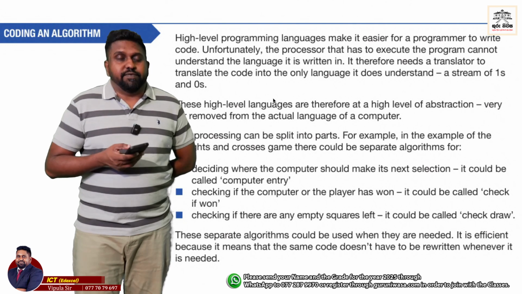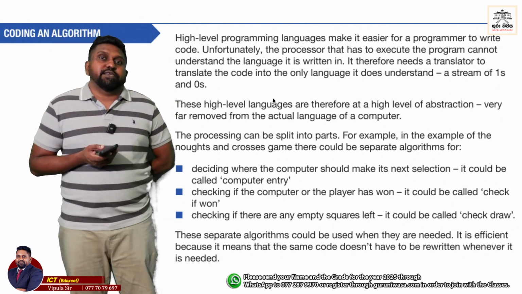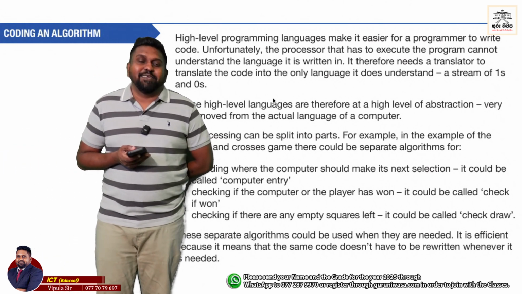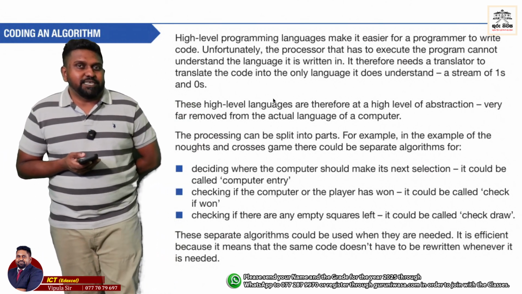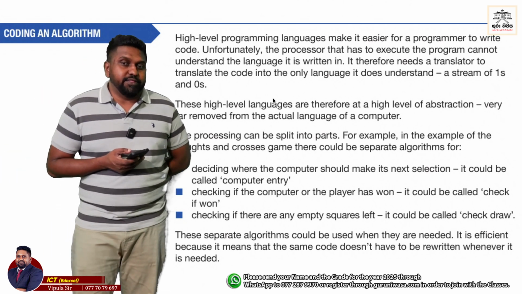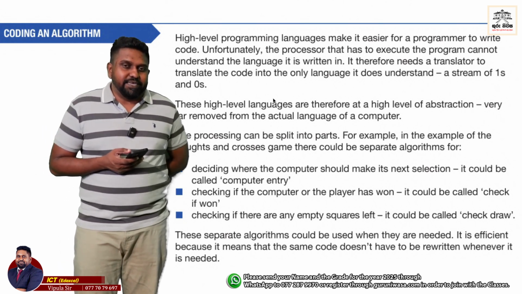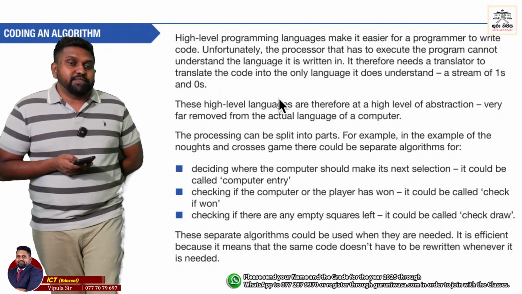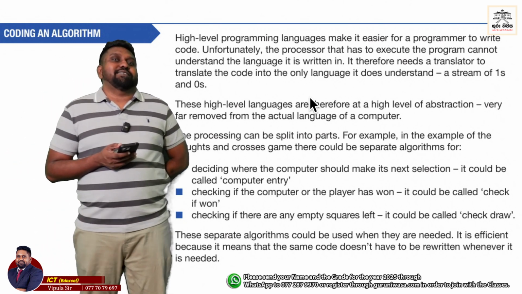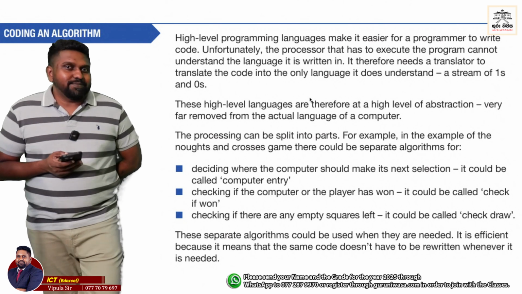Now even if you have used Java or C Sharp, .NET, you know that the code has to be compiled, right? So once you do some sort of a code change, you have to save it, and then in order to run the code, you have to compile the code. When the code is compiled, it will create a binary code which can be understood by the CPU.